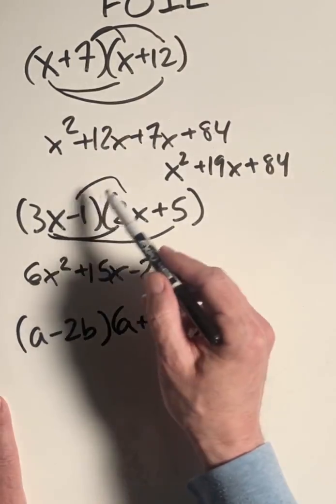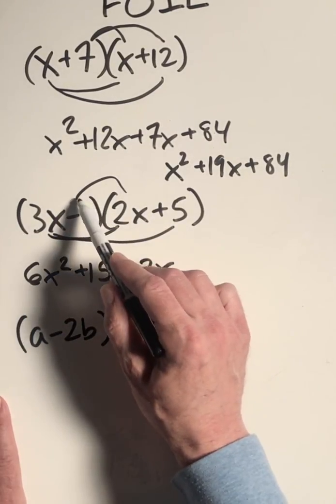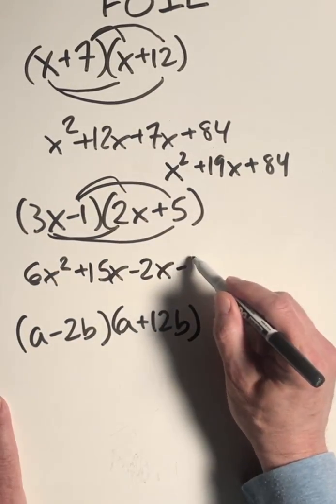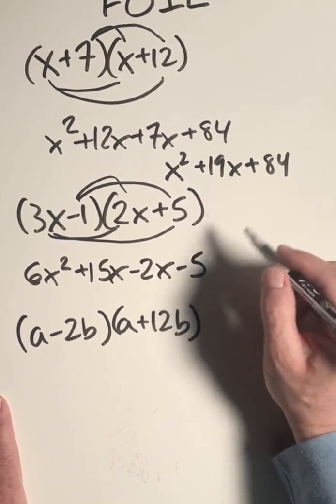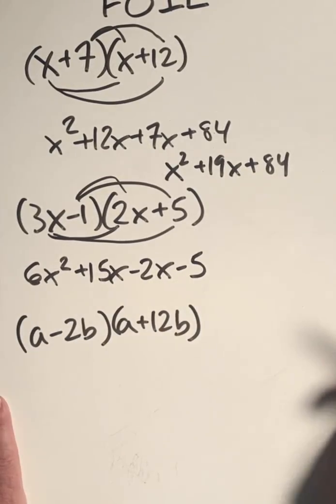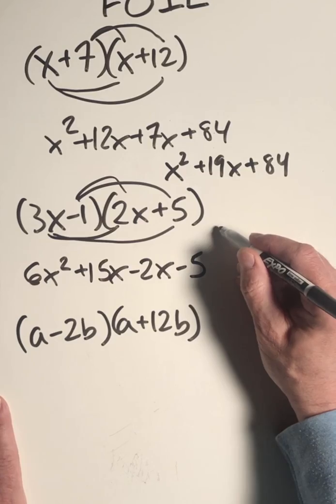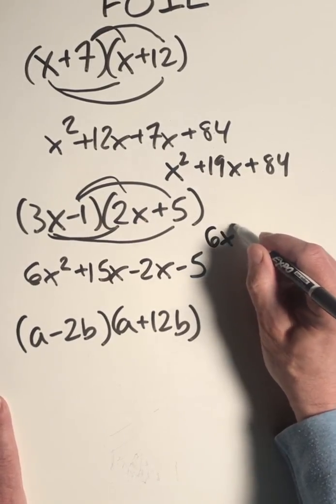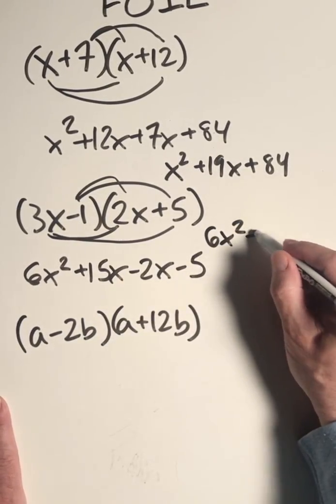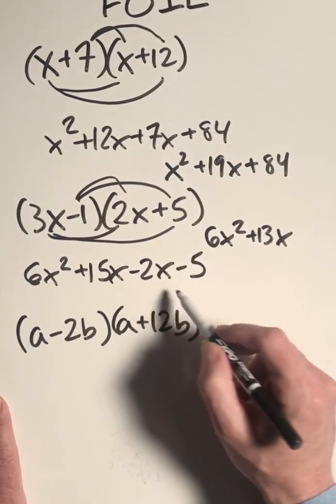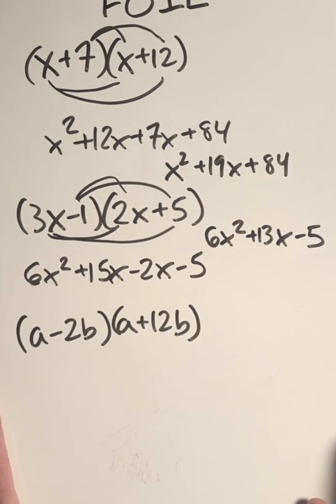Finally, the last step, we would take the last two terms together, negative 1 times positive 5, and that's negative 5. We would need to re-express this by combining those like terms in the middle, so we can restate it as 6x squared plus 13x minus 5.